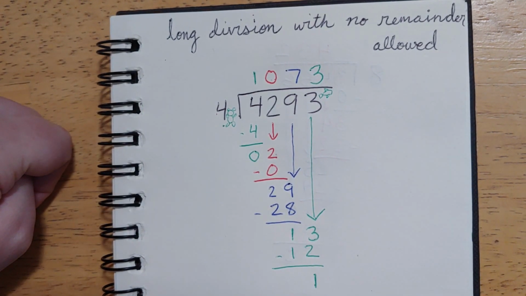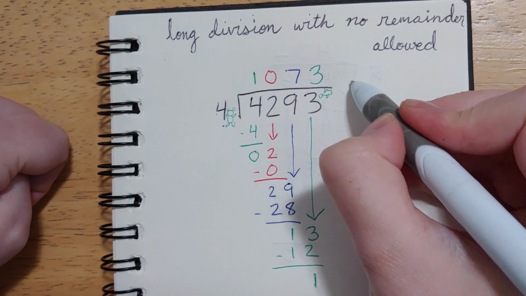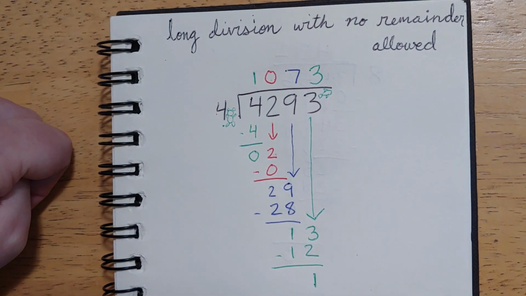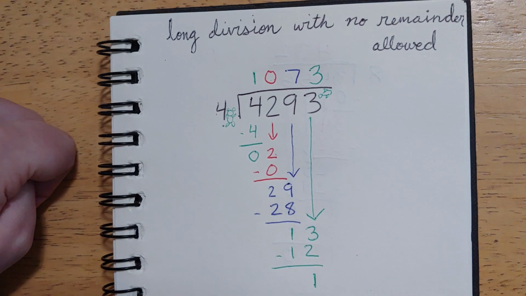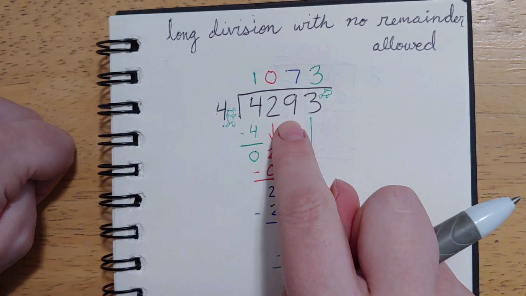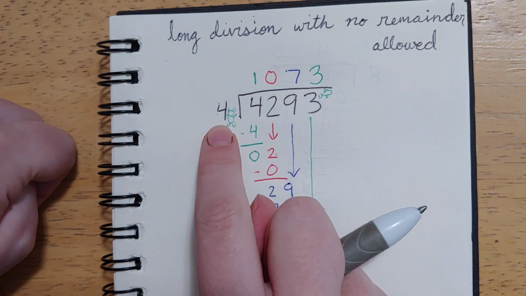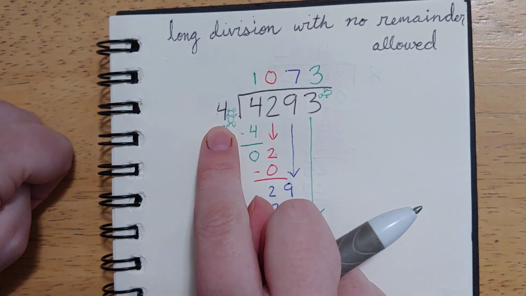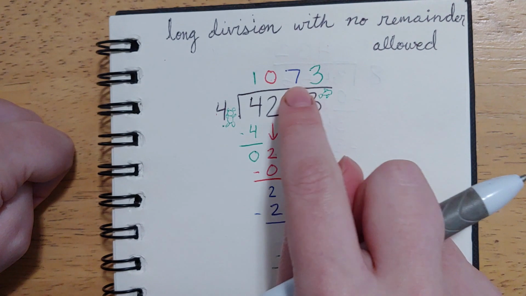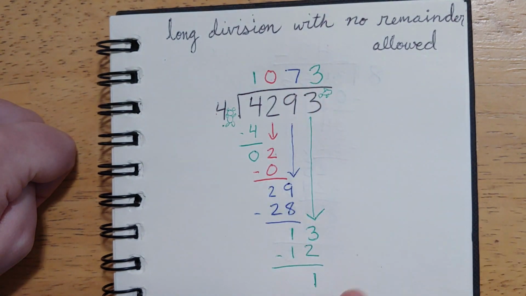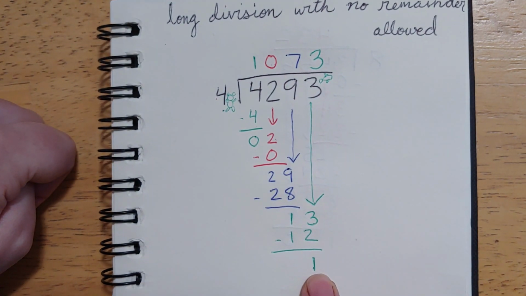This is the place where we would normally put R1 up here. We would normally say there is 1 left over. We can start to tell our story right now. We can say if you have 4,293 fish and 4 bears and you want to share it out evenly, every bear will get 1,073, but there will be 1 fish left over.